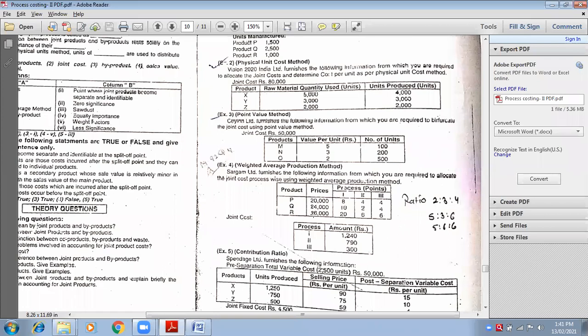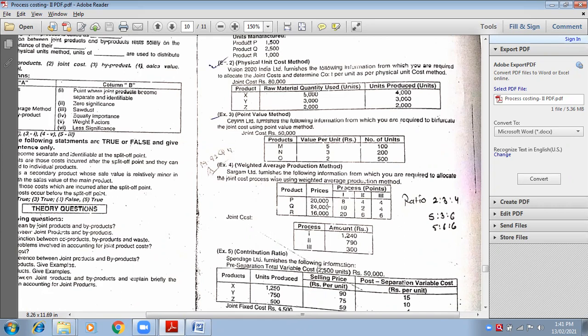A number of pieces are given for product PQR. This is not prices, this is pieces, means number of units. These are the points which are allocated as process 1, 2 and 3. Okay, for PQR. And for process 1, 2 and 3, joint cost is already given.